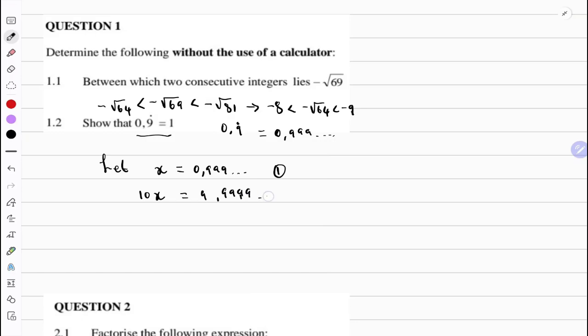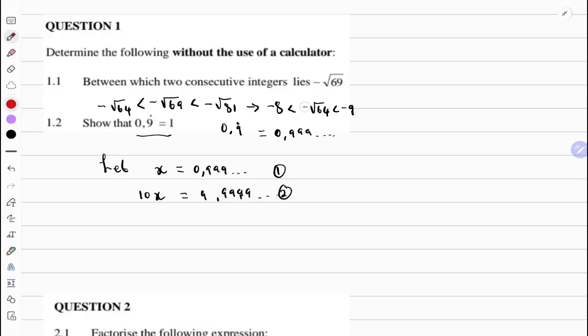9.9999 recurring. So why did I set up this equation? I multiplied by 10 because if I subtract equation 1 from equation 2, everything after the comma cancels out and you're left with 9.